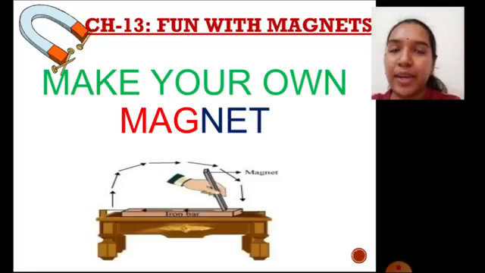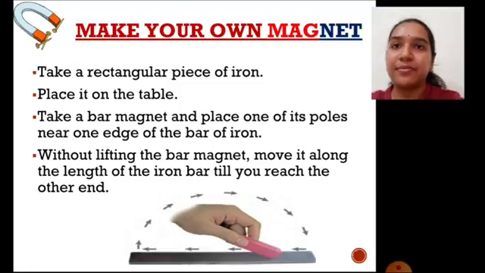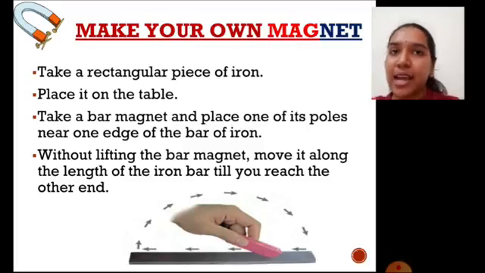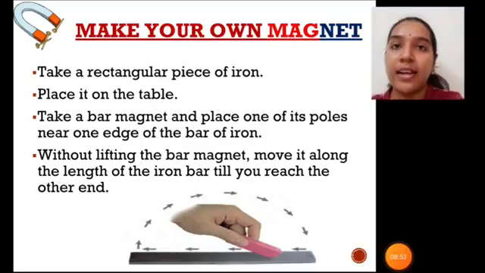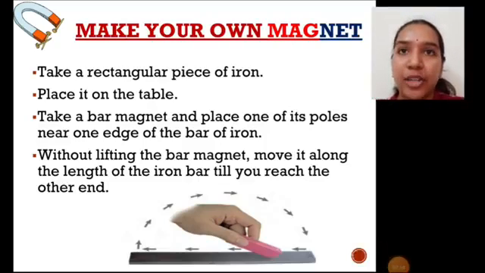We learned how to make our own magnet in a simpler way. In the process of making a magnet, we take a piece of iron and place it on a table. We take a bar magnet and place one of its poles near one edge of the iron bar, and without lifting this magnet, we move it along the length of the iron bar till we reach the other end.